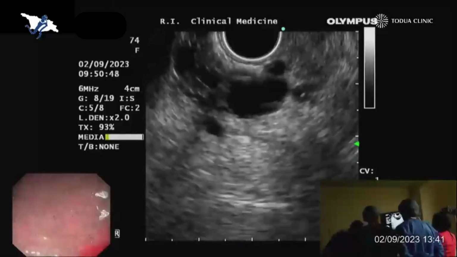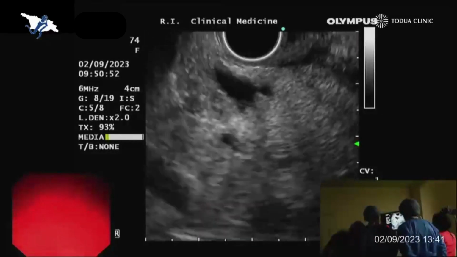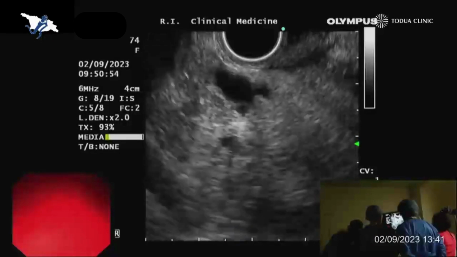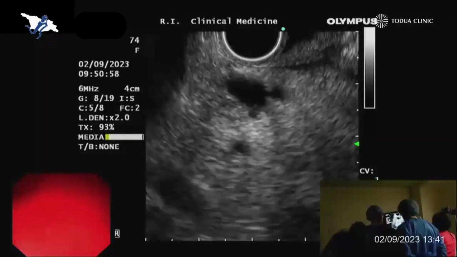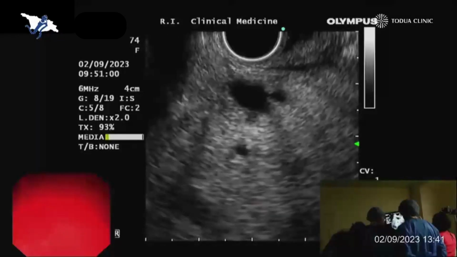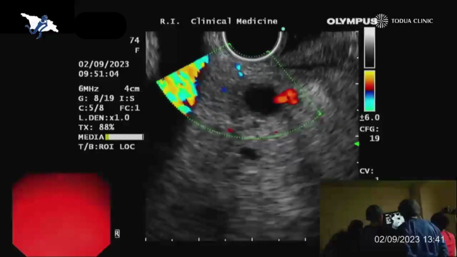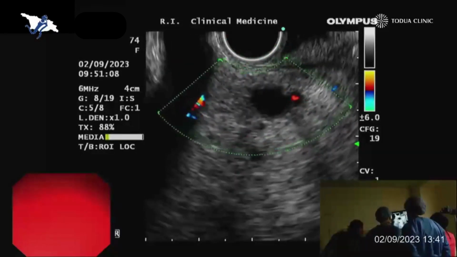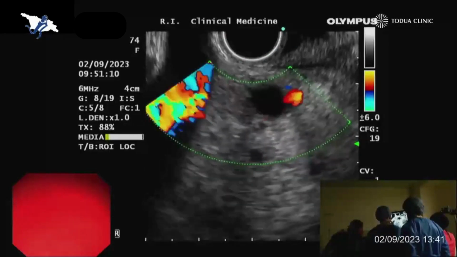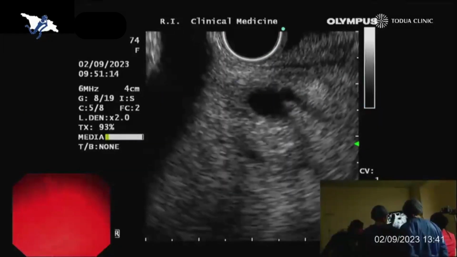So now I think we will check for the pancreatic duct and the bile duct, and I pushed in the scope a little bit, so I think on the top you can nicely appreciate the bile duct, and down there is the pancreatic duct. Now we are using Doppler, and you nicely appreciate this is the bile duct, and a little bit deeper down there is the pancreatic duct. And stop please, freeze.